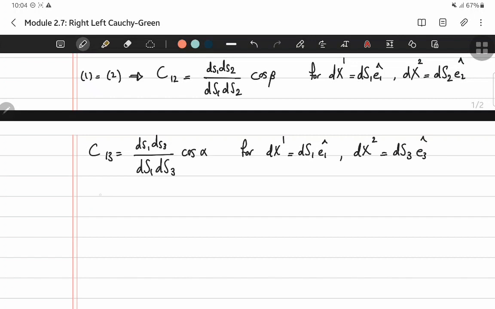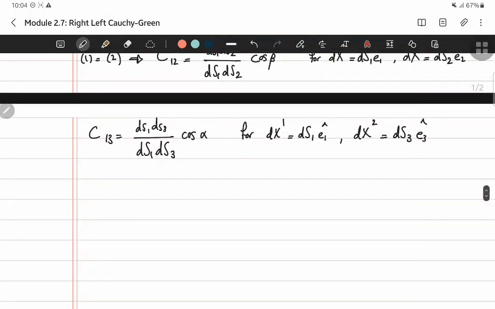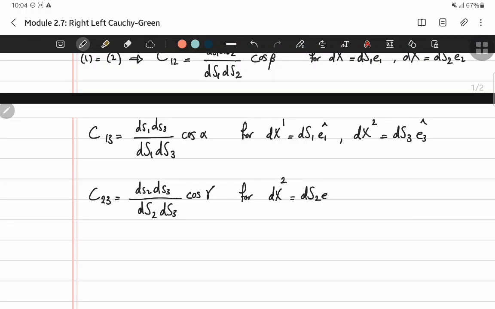Similarly, you can write this for C23: ds2 ds3 divided by dS2 dS3, cosine gamma.